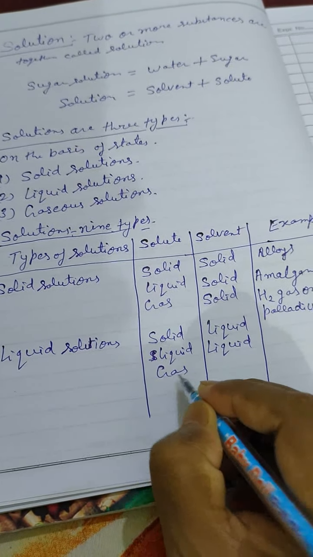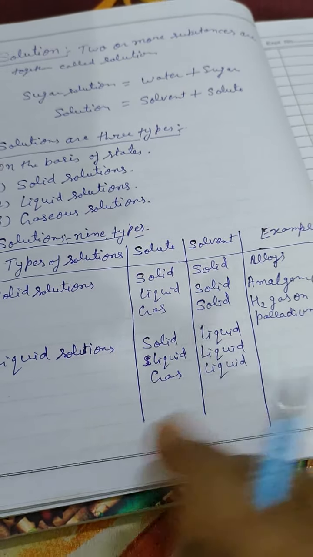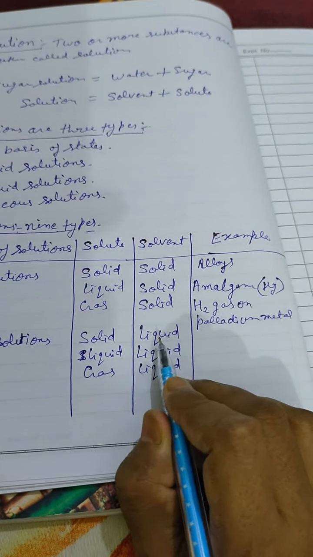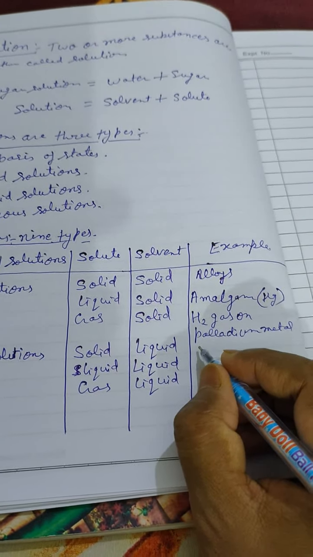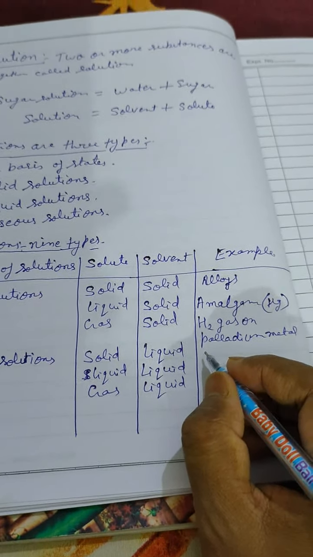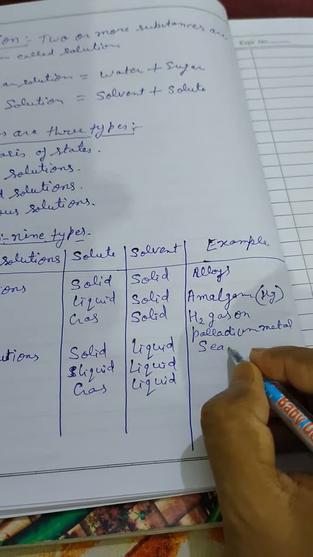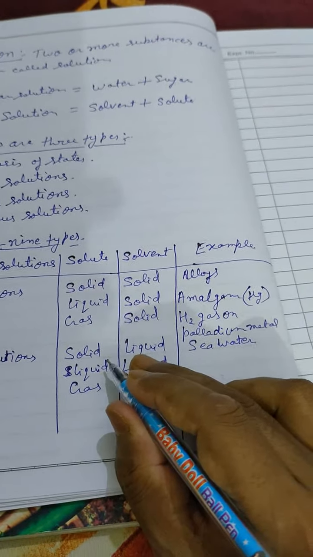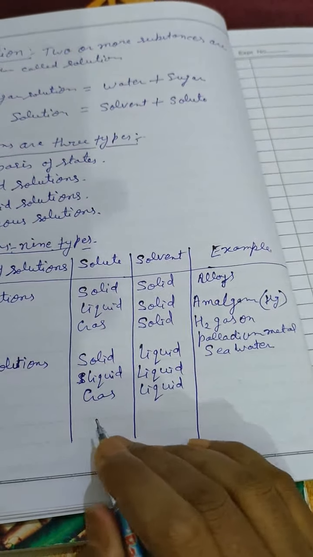Gas mixes with liquid. There are three types of this solution. For example, liquid in more amount and solid in less amount. Examples: salt water, sea water, sugar solution. Write any example. Sea water, in which many salts are dissolved in water.